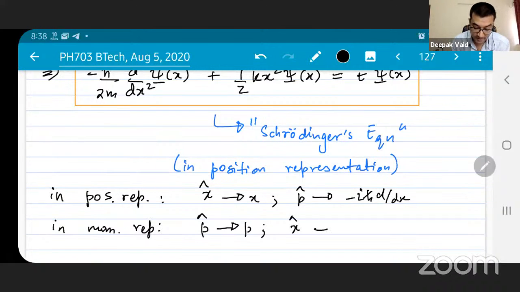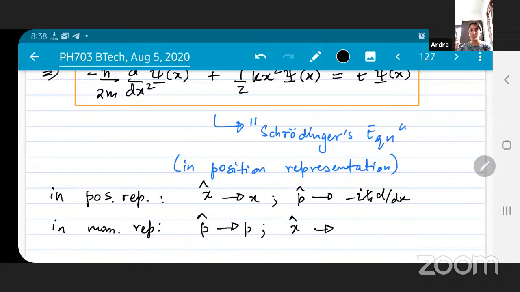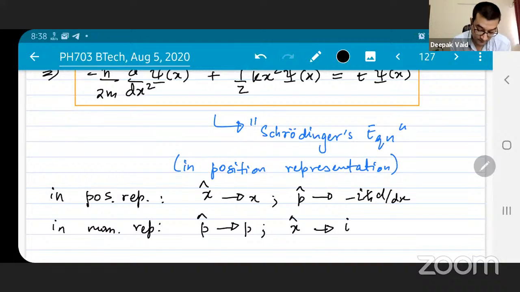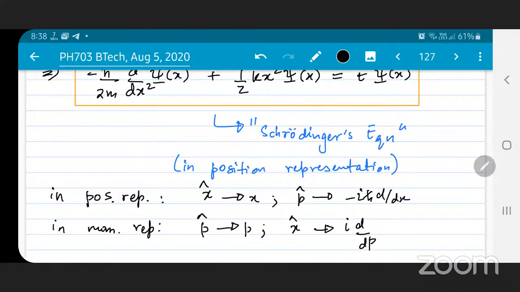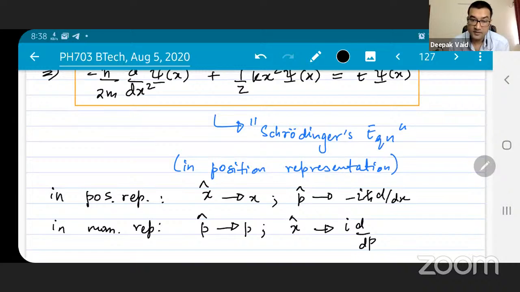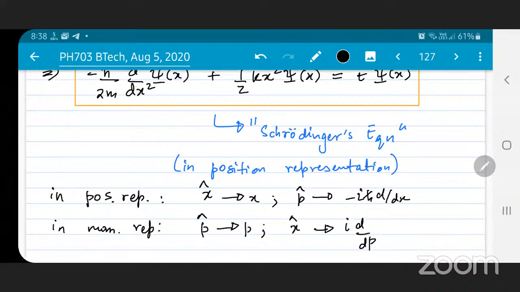And your X operator, any guesses what happens to your X operator? It becomes the derivative, d by dp. Is there any factor of h bar? There has to be a factor of h bar, because otherwise our units will not match.